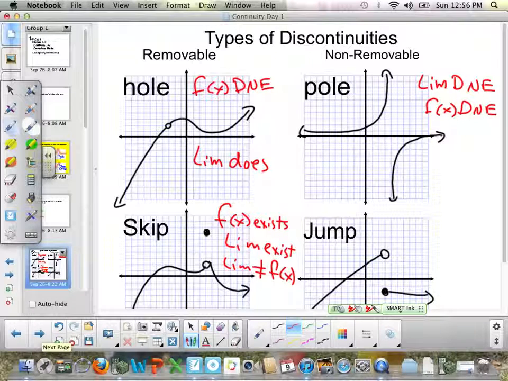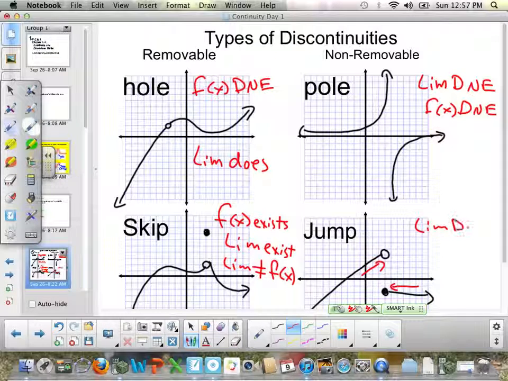So there's a pole. It's asymptotic, it goes to infinity. There's no value of it at infinity, and there's no limit of it at infinity. And in the jump, we can see that the limit does not exist because we're approaching different values from the left and the right.